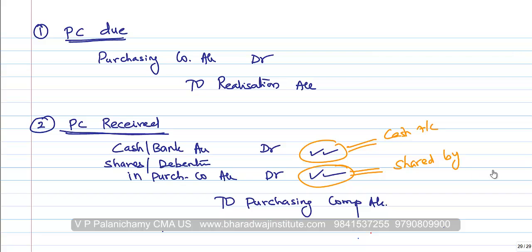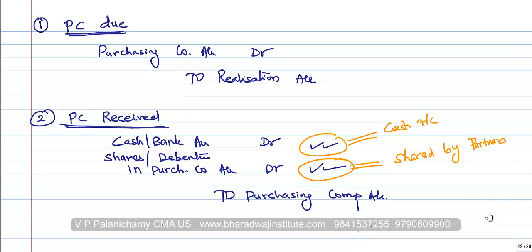How they will share it will be specified in the problem. Partners might take up the shares in profit sharing ratio. Cash or bank will go to cash account, and the shares, debentures, etc. will be shared by partners as per their agreement.